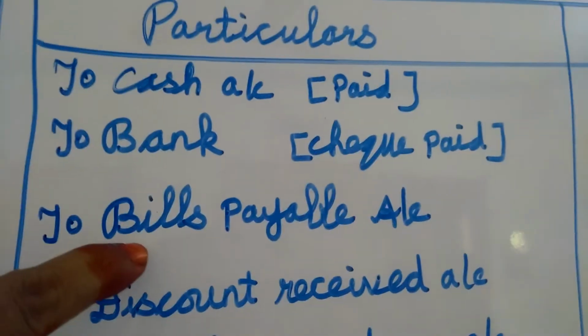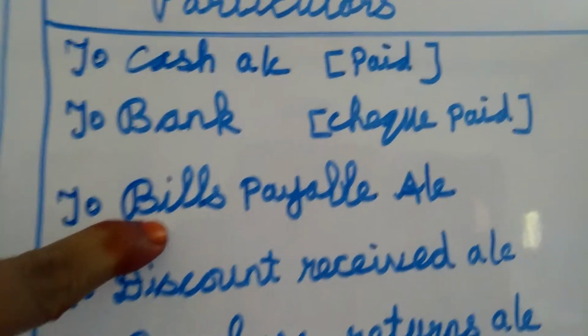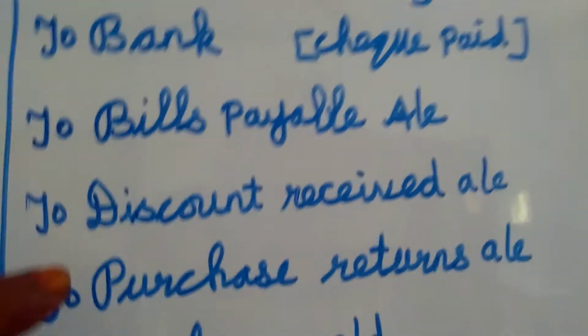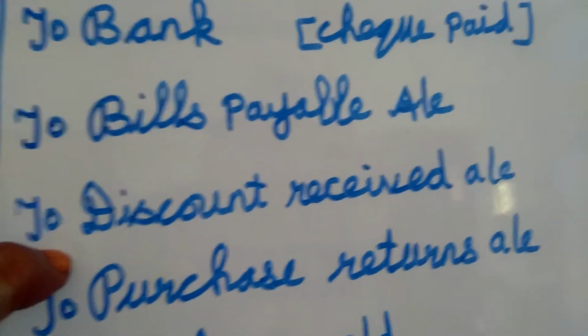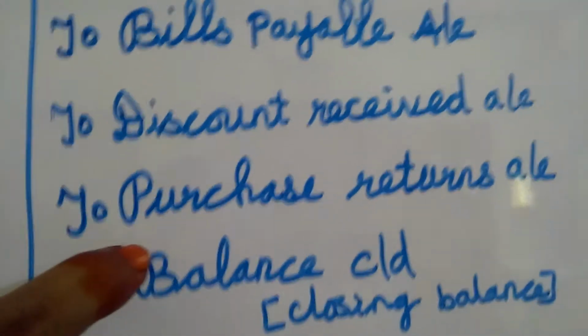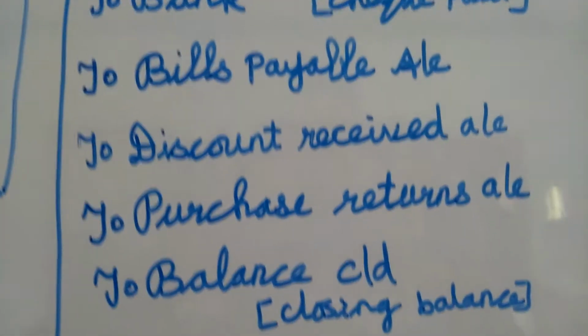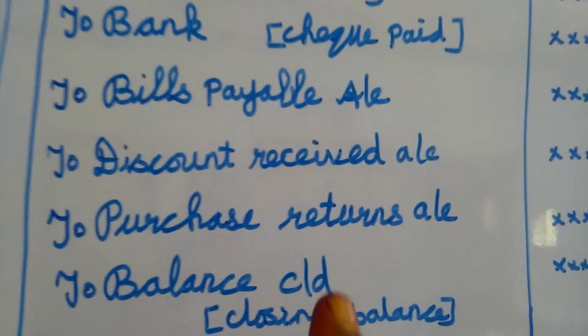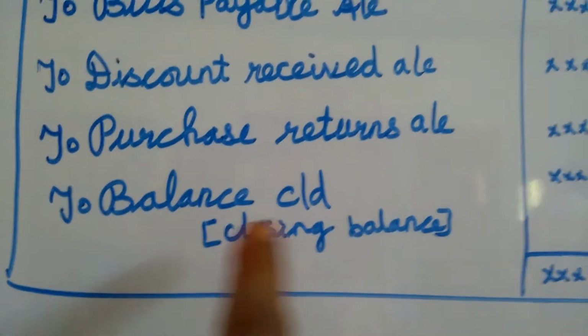The next one, bills payable: the bills we are having, that also we show on the debit side. Discount received from our suppliers, that also goes on the debit side. And purchase return, if we return any purchases to the suppliers, that also we mention on the debit side. And then closing creditor balance.